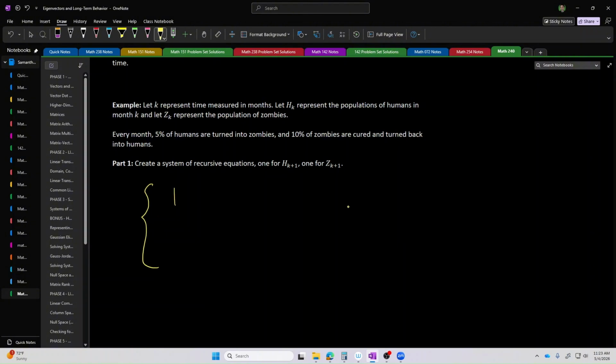So, for example, if I want to know what's going on with the human population next month, I need to first of all consider how many humans we are gaining as a result of the zombies that are being cured. Now, if we had Z sub k zombies in the previous month and 10% of those were cured, then 0.1 times Z sub k would be contributing to the next month's human population.